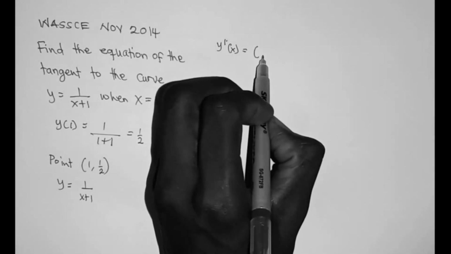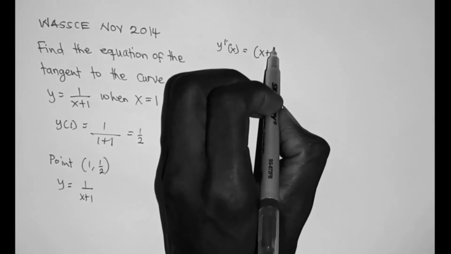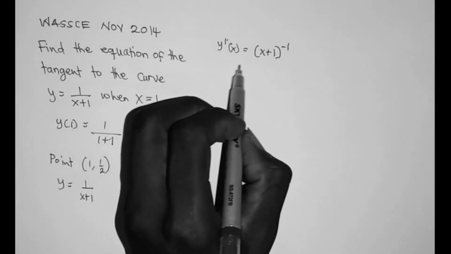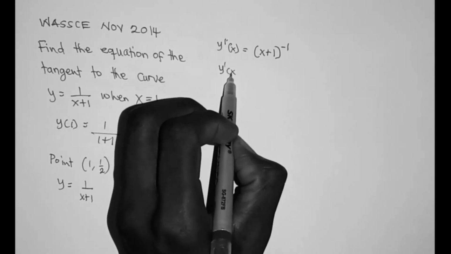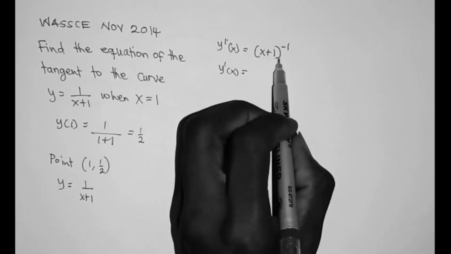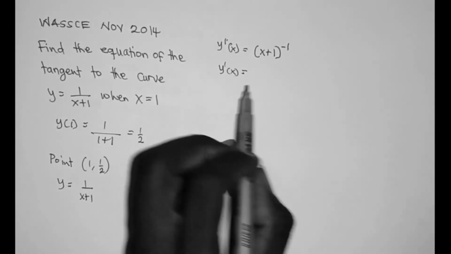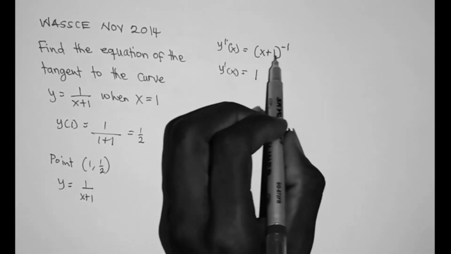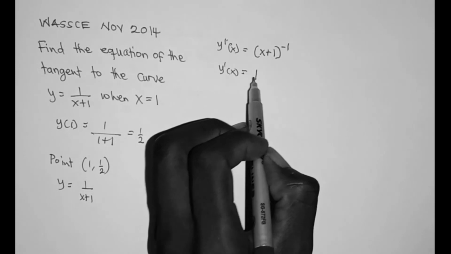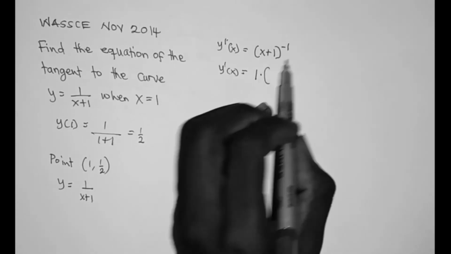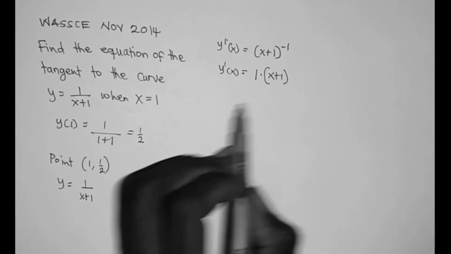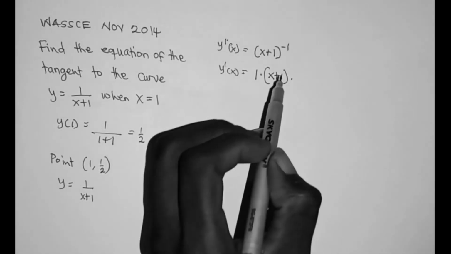Okay, so another way we can do this is we can write it as (x plus 1) exponent minus 1. So y prime of x is equal to, differentiate what is inside the bracket. If you differentiate x, you get 1. And if you differentiate 1, you get 0.